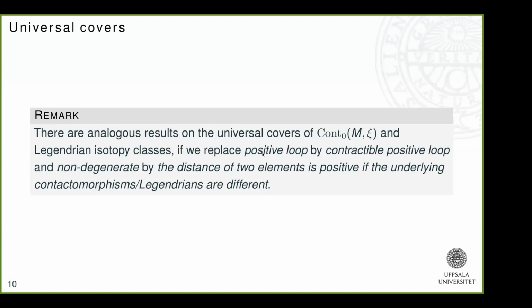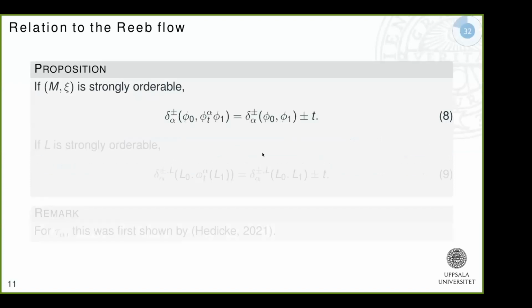Right. So lastly, I want to discuss the relation of these distances to the Reeb flow. One can show that if we act with a time t Reeb flow inside of delta plus/minus, then this changes delta plus/minus precisely by adding plus or minus t. And the same is true for Legendrians. I here assume orderability so that these quantities are finite.